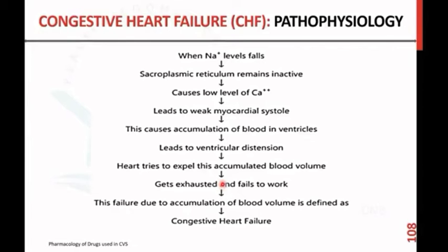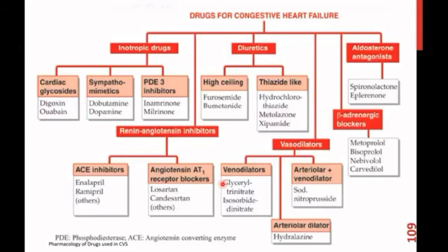Digitoxin has a slower onset of action, and digoxin has a more rapid onset of action, and this digoxin is useful in emergencies. So in GPAT there is a question: which glycoside has a more rapid onset of action and is used in emergencies? The right answer is digoxin.